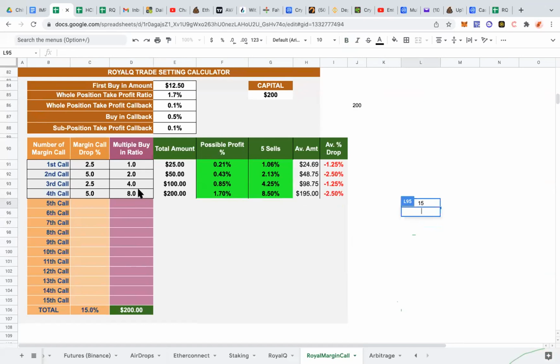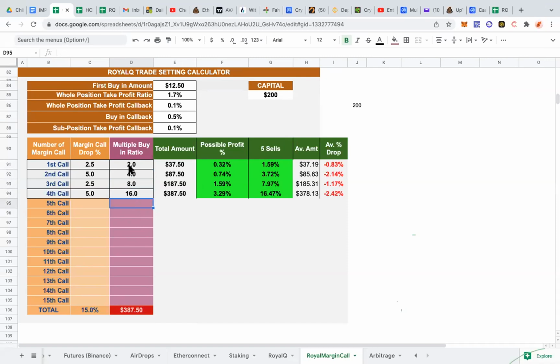Remember, we have used this method in the past, but what made it ineffective was people were doing 1, 1, 1, 1. This has no weight to get you out of the deep. All right, you want to make sure you do it this way. In fact, ROYALQ is doing it this way: 2, 4, that's the original plan of ROYALQ, 16, but I consider it's a lot of money.